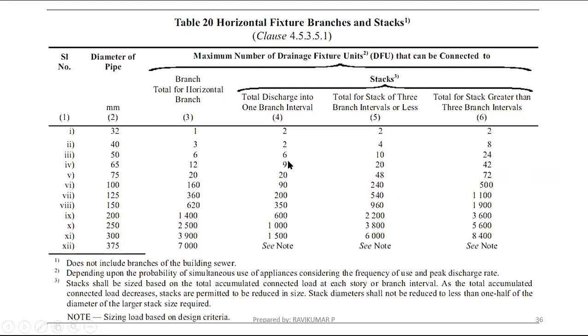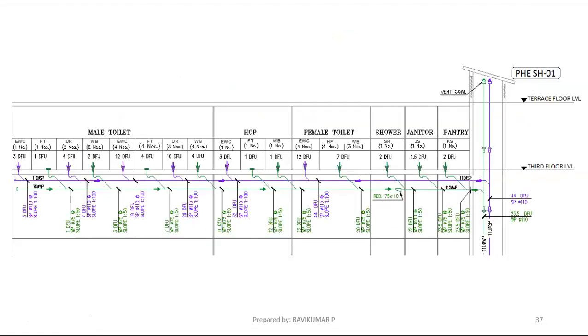So if we go to our small design, I have provided one pipe size sketch. See our male toilet, the handicap toilet, female toilet, shower, janitor, pantry. Everything is there.